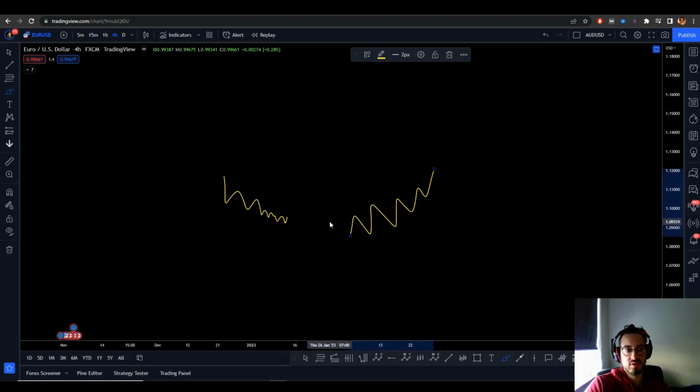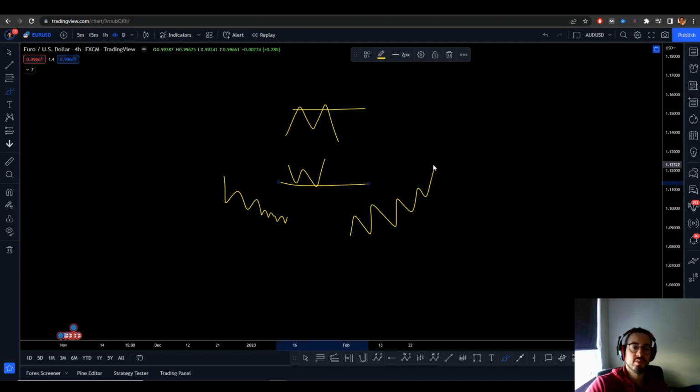The same with the classical patterns most people know, the double tops and the double bottoms right here. These patterns are the product of accumulation and distribution processes.